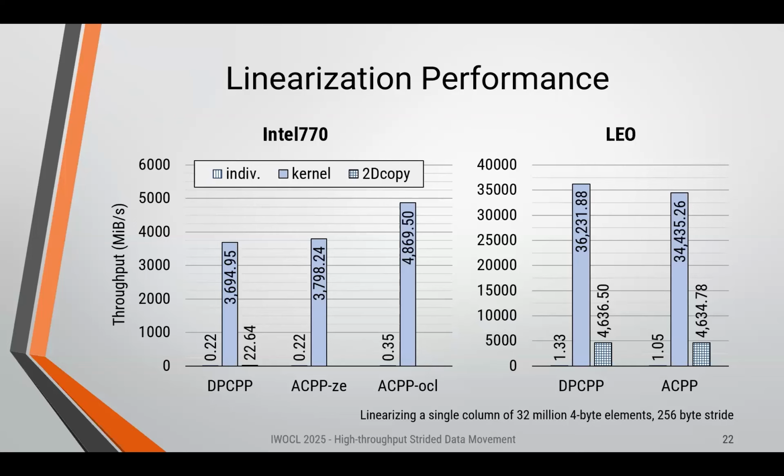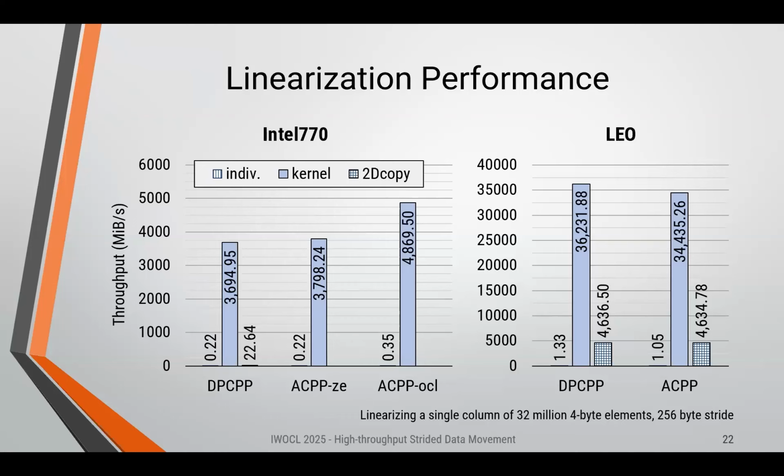Again, individual just means 1D copies, which doesn't make sense. It's just for completeness. But we see that on Intel consumer, and the same thing happens on NVIDIA consumer, the only viable option that actually achieves decent performance is using a specialized kernel to do the linearization.